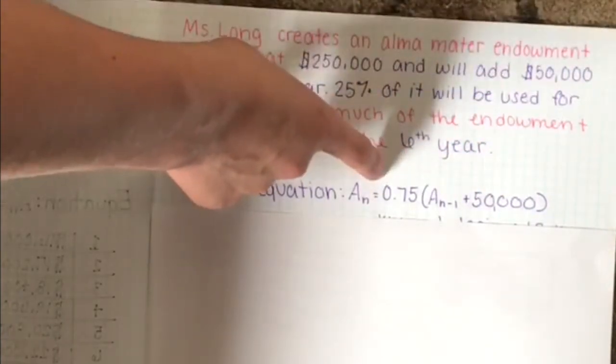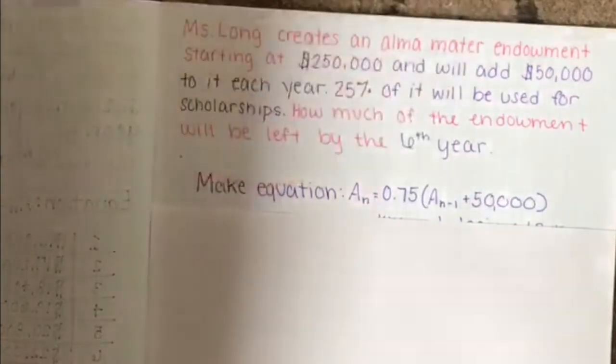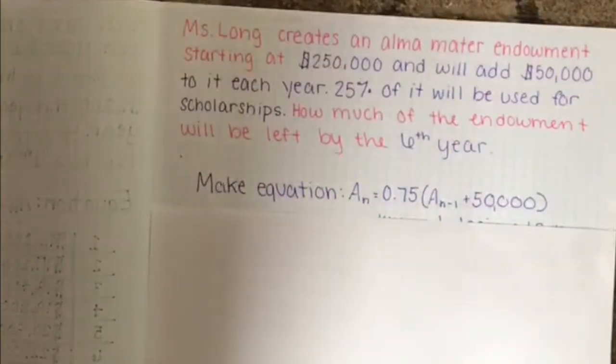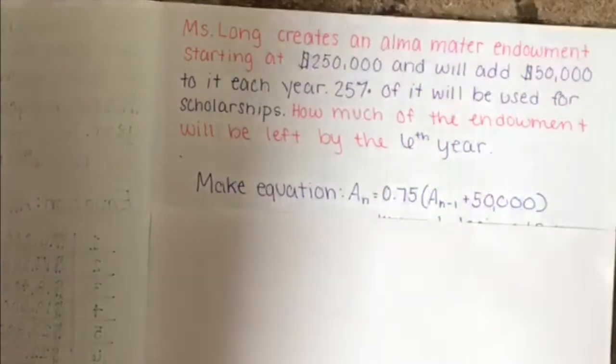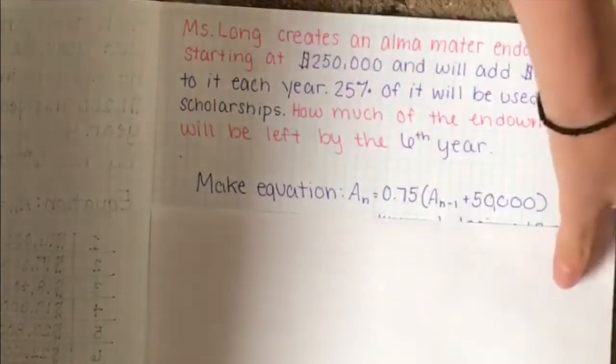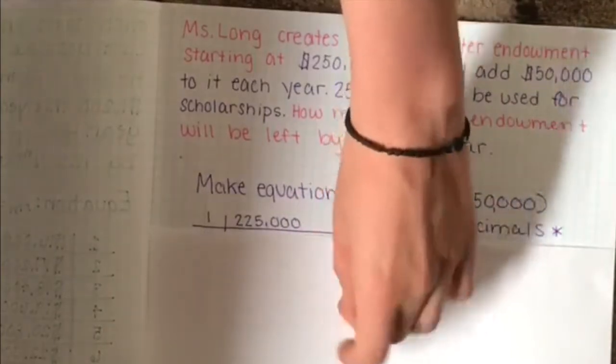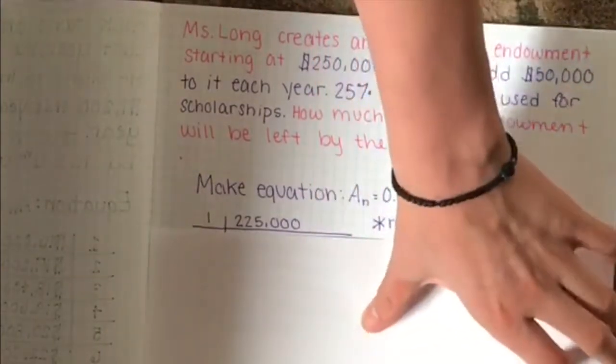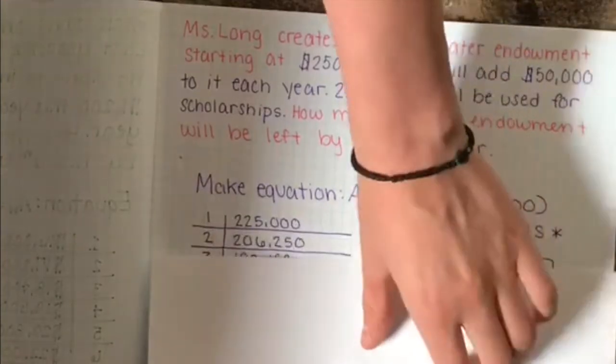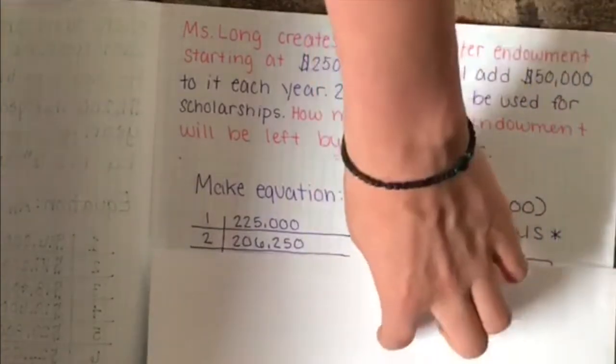Now add 50,000 to get 300,000. Now, multiply 300,000 by 0.75 because once again, we can't use all of the money because some is going to scholarships. Your answer is 225,000. So for year 1, you have $225,000 available for the endowment.